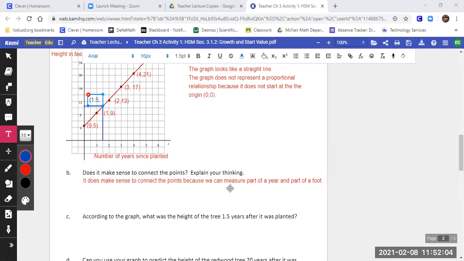So we would say that this is about (1.5, 11) because half of a year is halfway between.